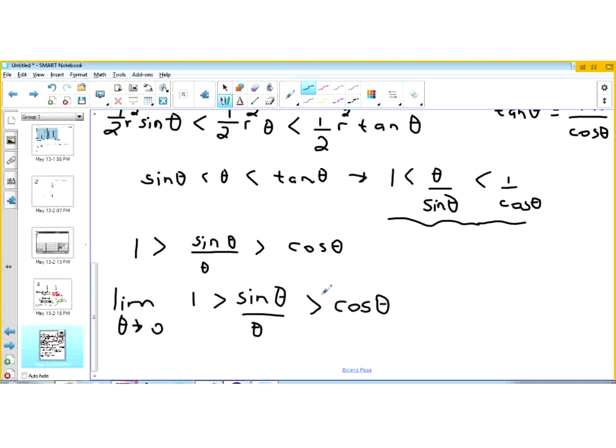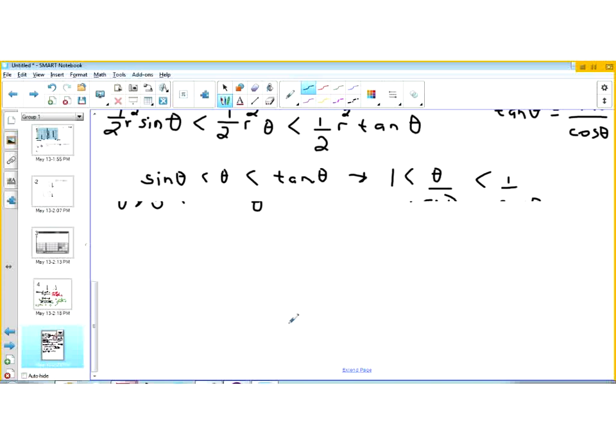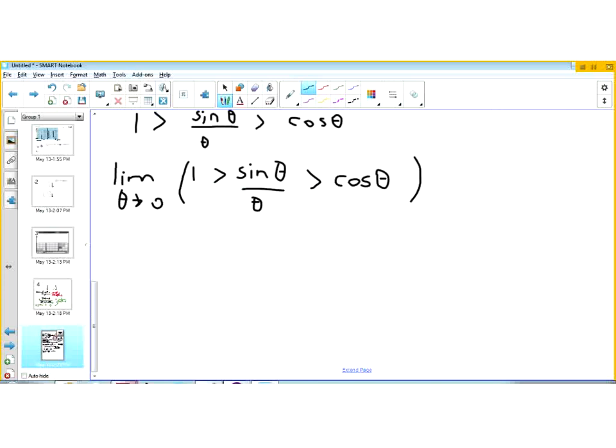One of the things I'm about to show you, which we'll discuss in the next section, is the so-called limit laws. But for now, I can take this limit operator and distribute it to each term participating in this inequality chain.